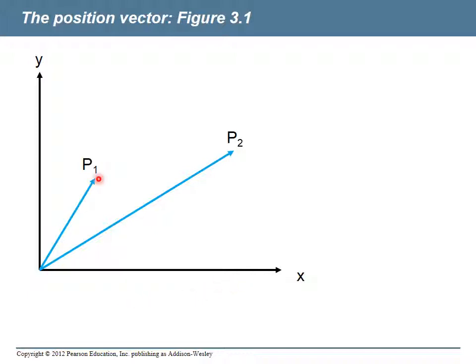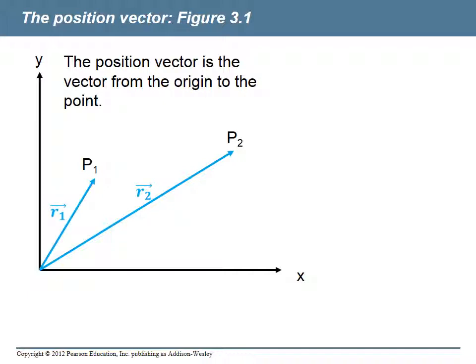And we have a couple points. We have point 1 located right here and point 2 located right here. The position vector would be the vector from the origin up to the point. So up to point 1, this would be the position vector 1, or we'll call this R1.